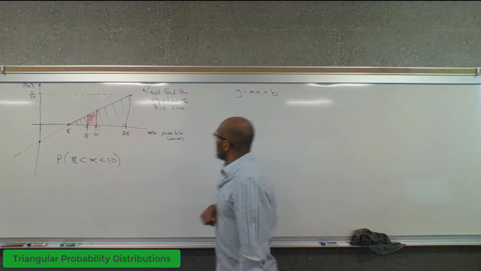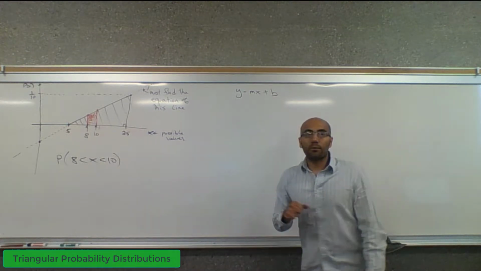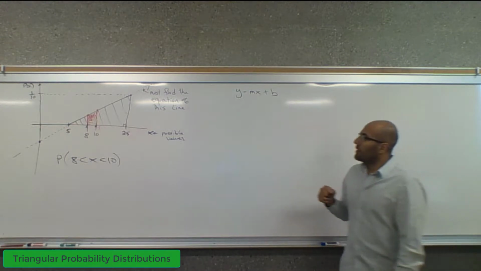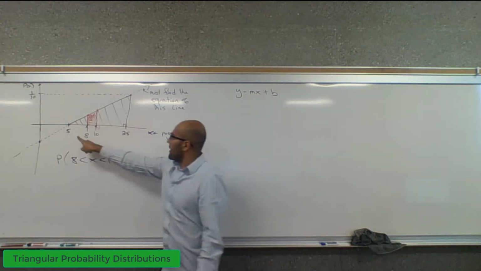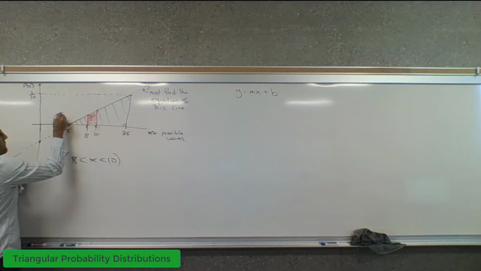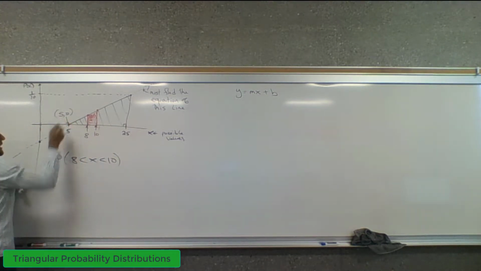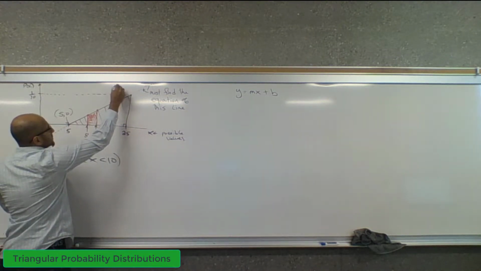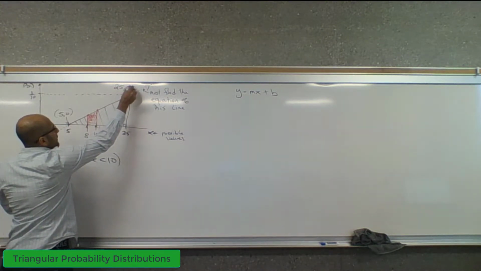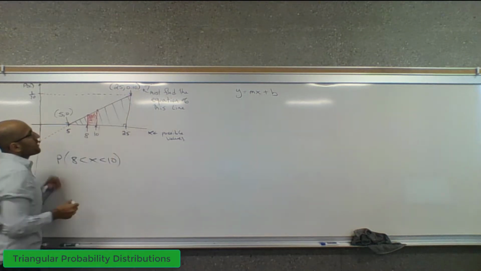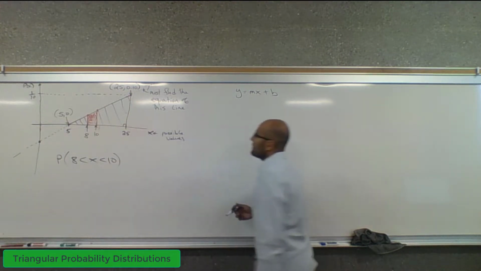At least we have a couple of points on that line, and we need a couple of points to find the equation of a line. One point we have is (5, 0), that point right there. We also have this point up here, which is (25, 0.10). 1 over 10 is 0.10.